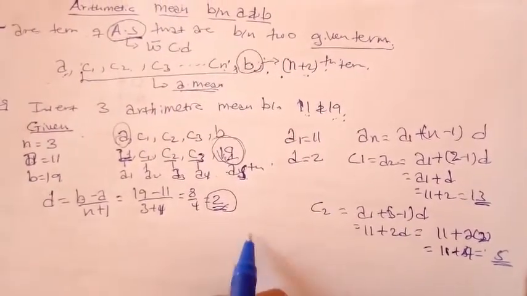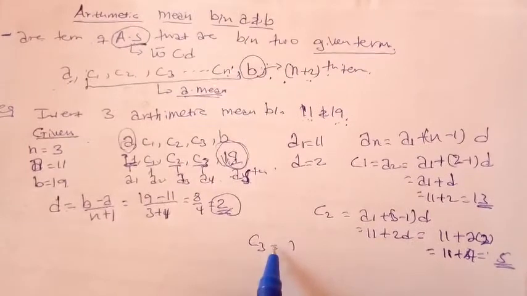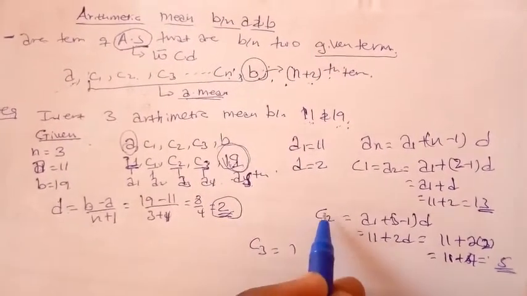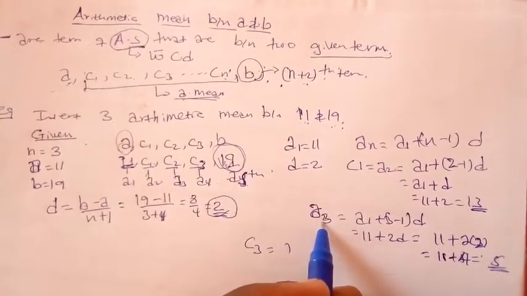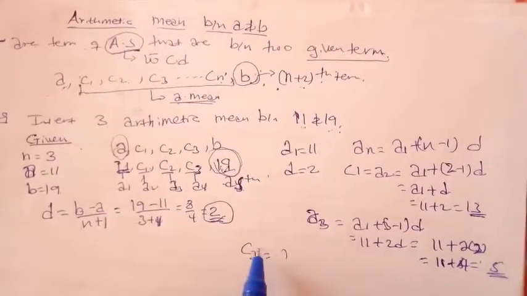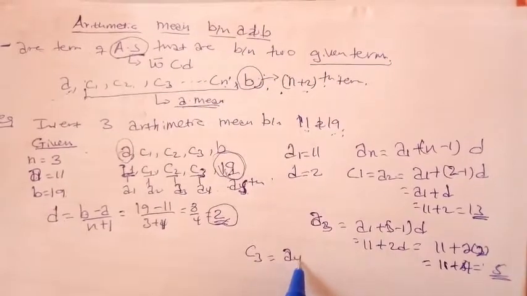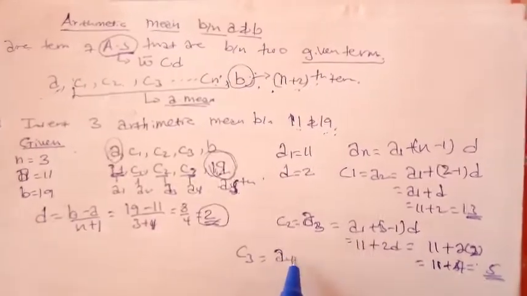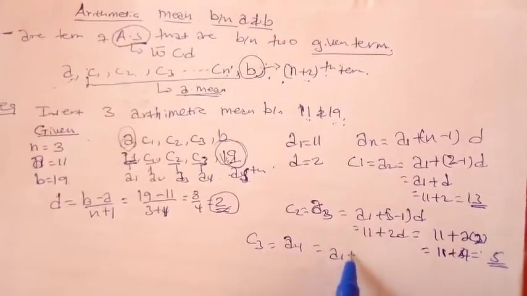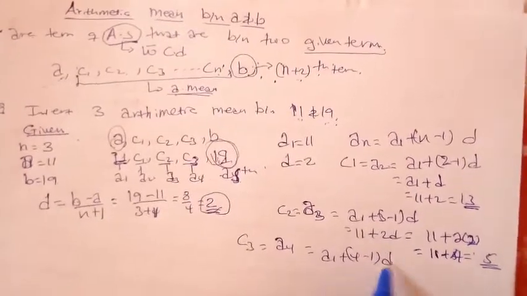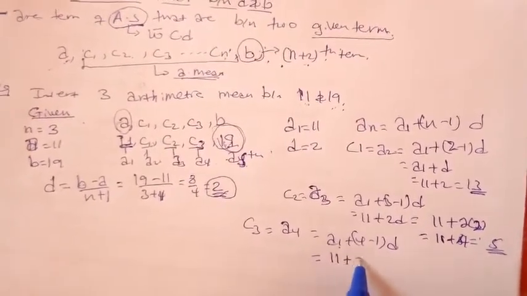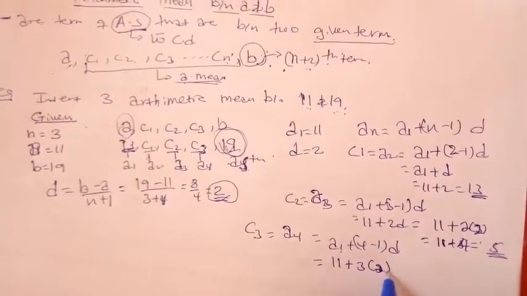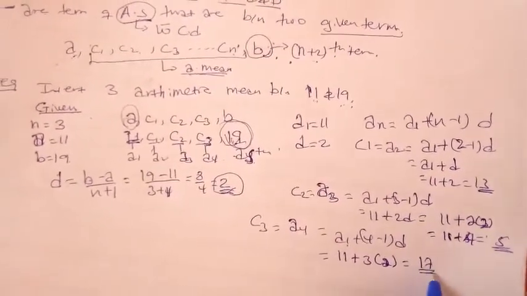And the third one is c3, this one is a4, that means a1 plus 4 minus 1, the whole d. So we have 11 plus 3 times 2, that is 17.